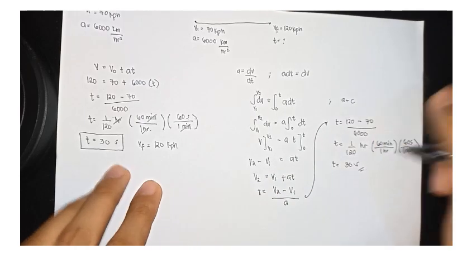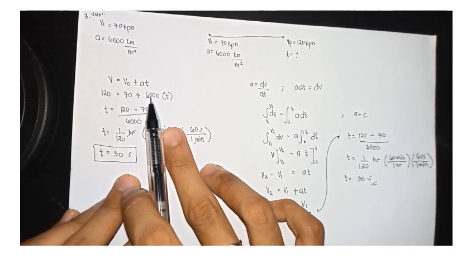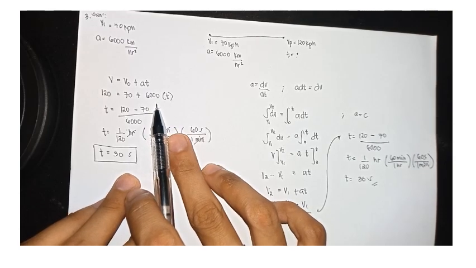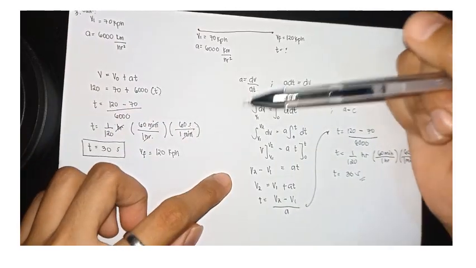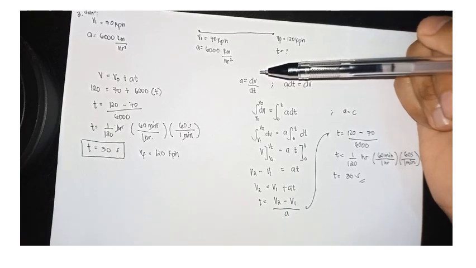The same outcome but a different process. This is the short process, which uses the formula for constant acceleration, but if ever you can't remember it, we can use the instantaneous acceleration for variable acceleration.